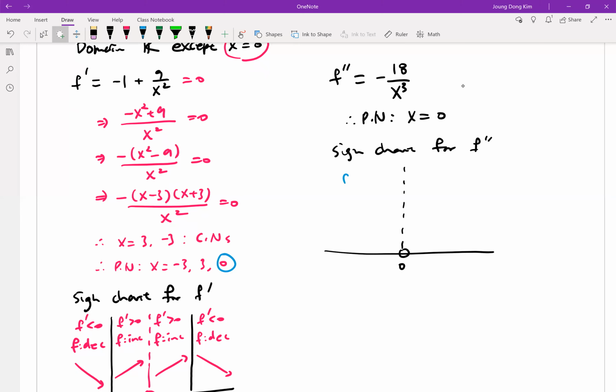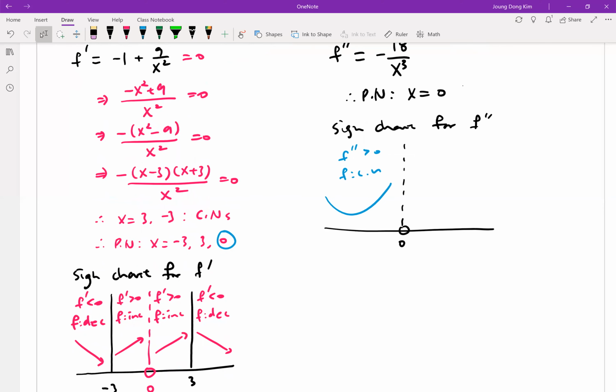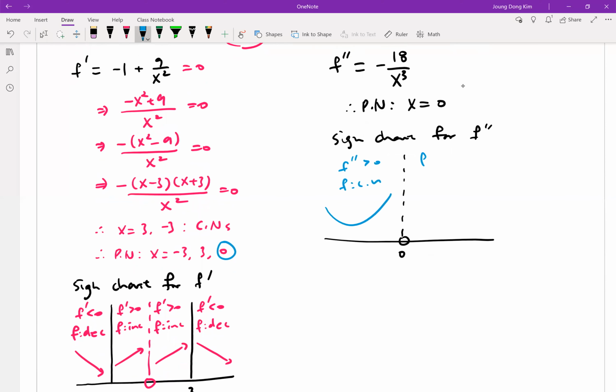So just try to copy. Plug in 1, then it must be negative, which means f is concave downward.